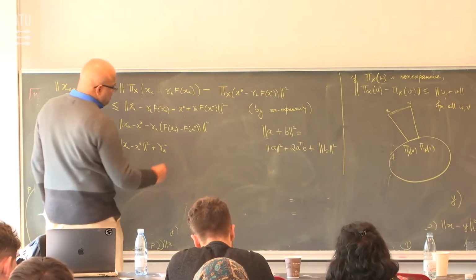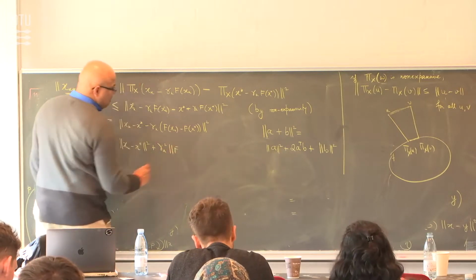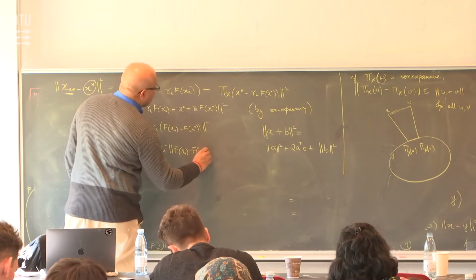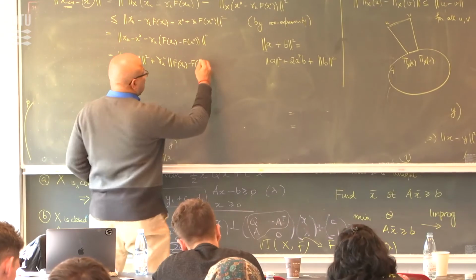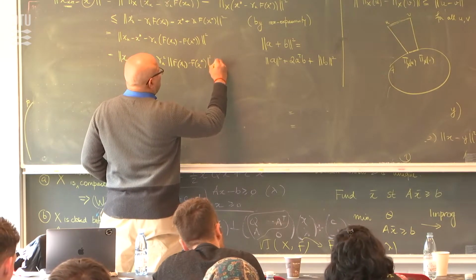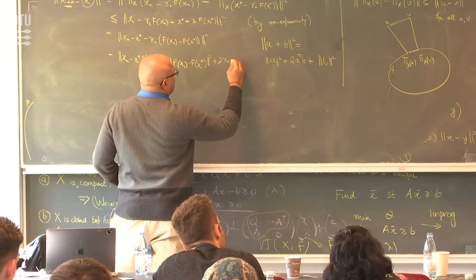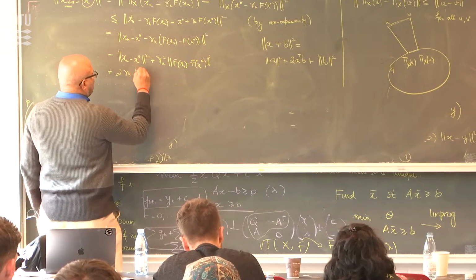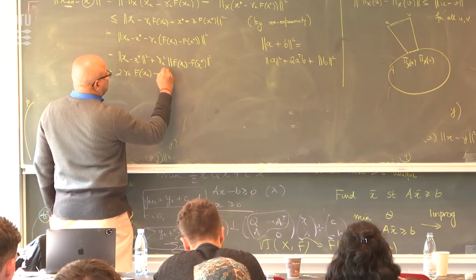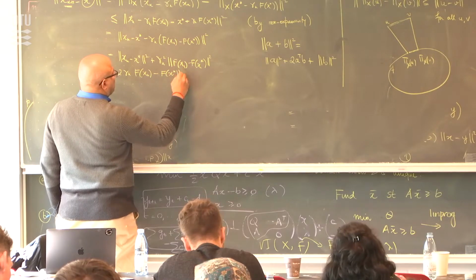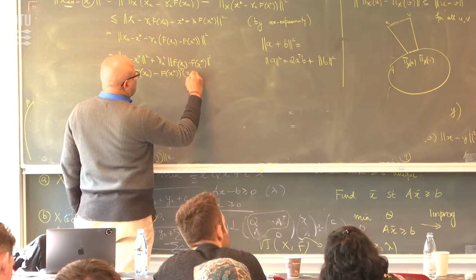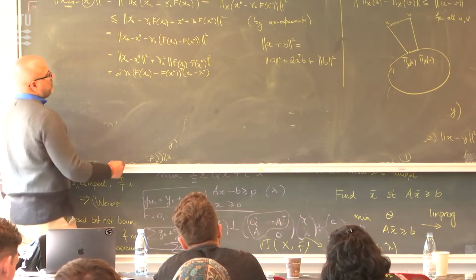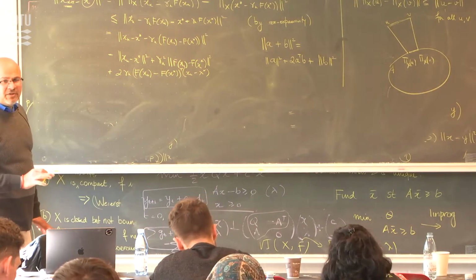So this is gamma k squared norm f of xk minus f of x star squared plus 2 gamma k times the inner product term. Everybody with me? I've just opened out that expression.